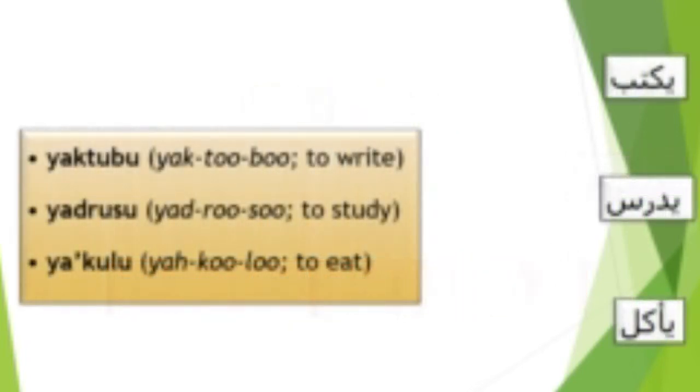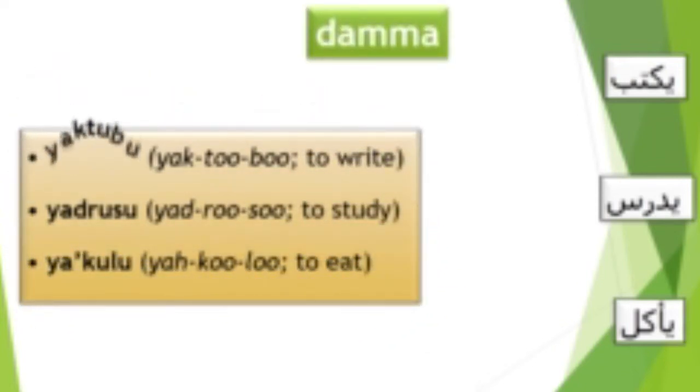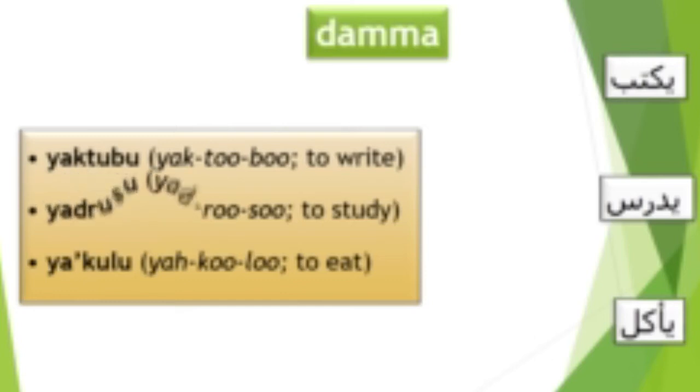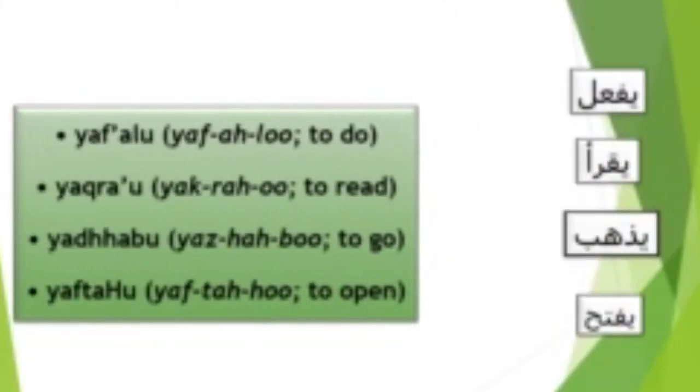In this list, I divided up some of the most common Arabic verbs according to their dominant vowels. Dhamma: yaktubu, to write. Yadrusu, to study. Ya'kulu, to eat. Fatha: yaf'alu, to do.